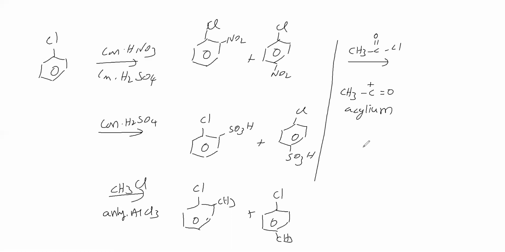This acyl group attacks at the ortho position, or at the meta position, sorry, not meta. It attacks at the para position. Since Cl is acting as an ortho-para director, the acylium ion attacks at ortho and para. So these are the products possible here.